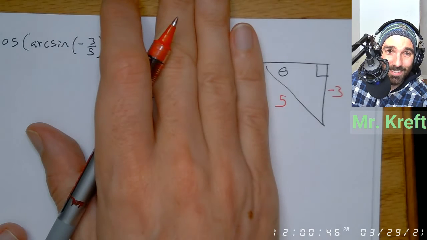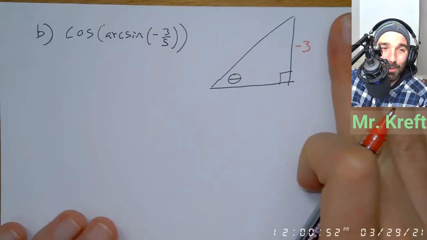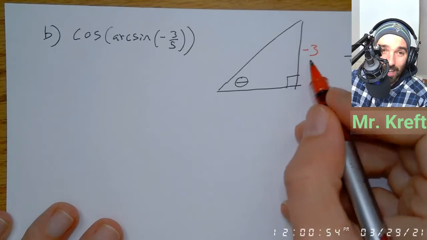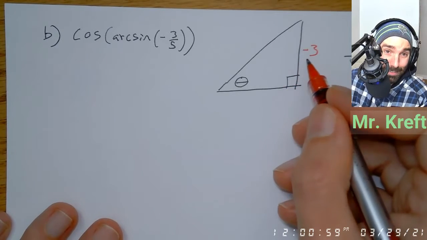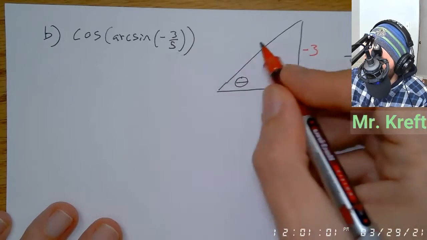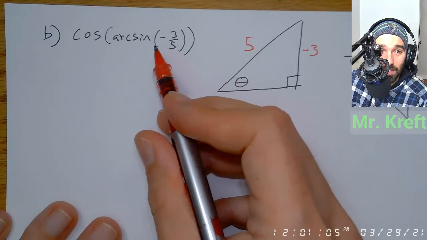That will come later in this trimester when we do vectors. But we're not doing vectors now. This is just a helpful little piece. So it's okay if you just have a -3 here and it's still going up. You know it should be going down. And then the hypotenuse is 5. Now, I hope I didn't confuse anybody with that. Does this make sense?